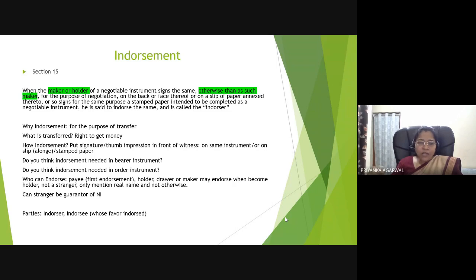Now A need not make payment to anybody, because from this chain he received that instrument, and now he is maker as well as holder. Being a holder, he has the right to endorse it further. I hope it clears the doubt, right?